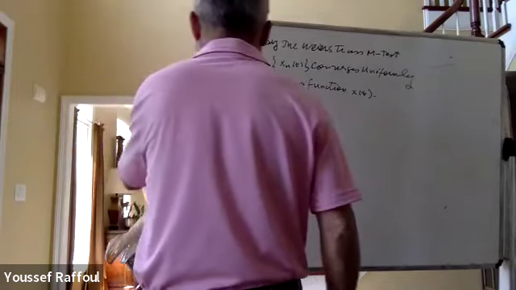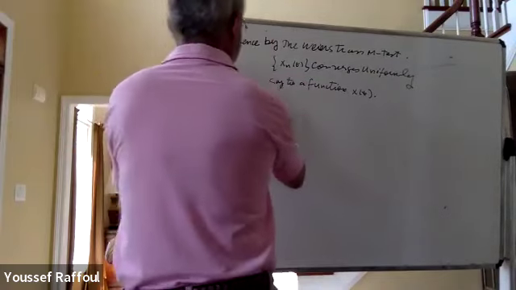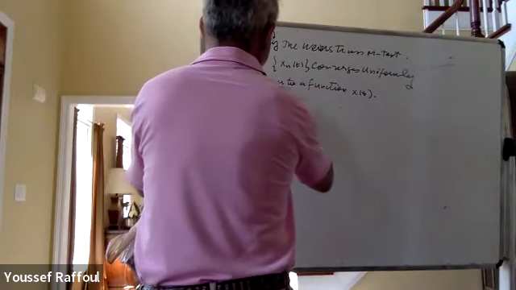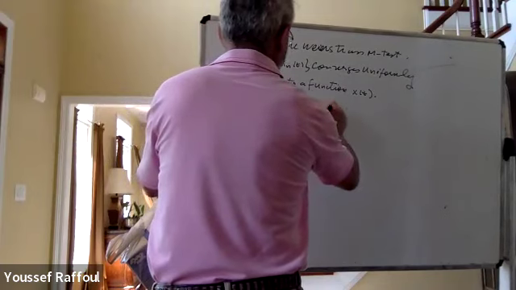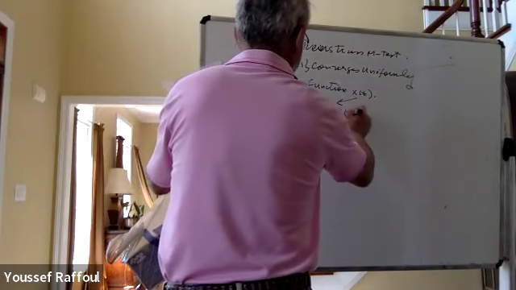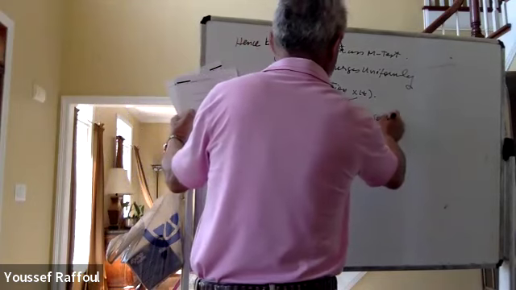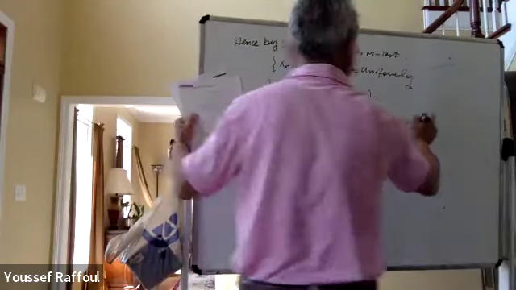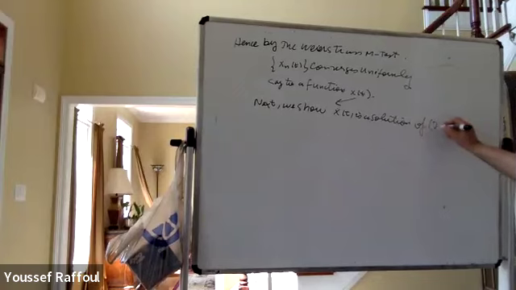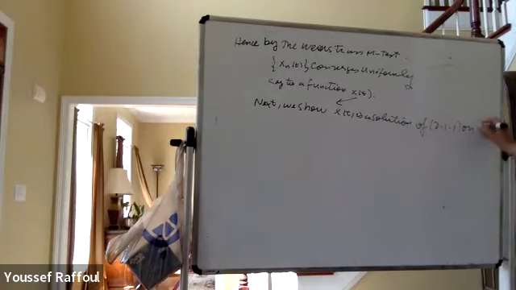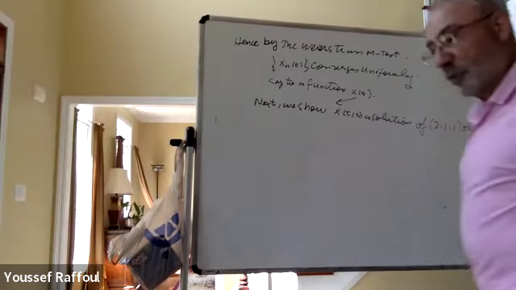So next we show that x of t is a solution of 2.11 on D. So that's all for today.